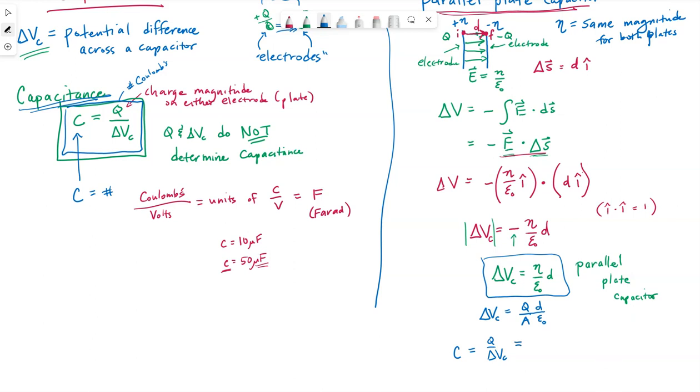If I rearrange this voltage equation for Q over V, I get epsilon naught times A over D. This is equal to the capacitance specifically for a parallel plate capacitor, and it assumes a vacuum between the plates and essentially air.